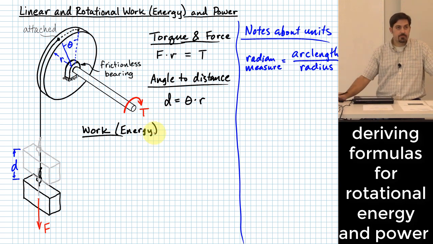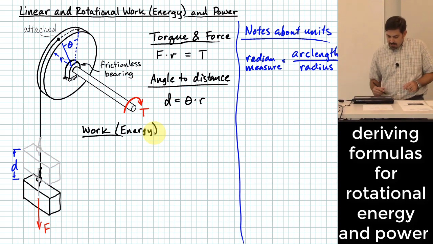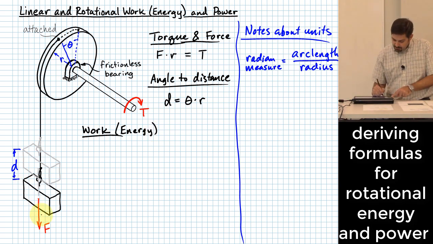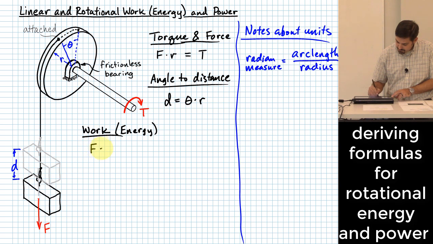How do we define it though? Force times distance. That's easy enough for us to look at with respect to the force and the distance I had for the little weight being pulled over here. So we can think about the amount of work associated with moving this block, and it's just going to be equal to F times d.